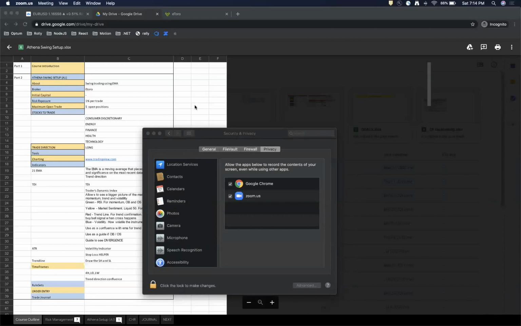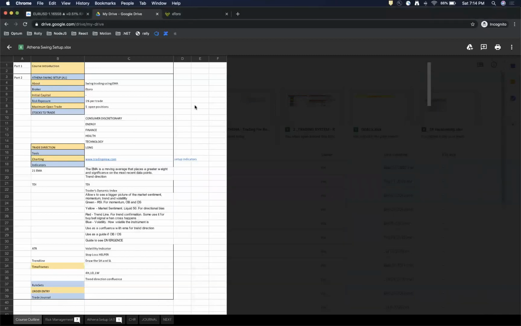From that concept, I pulled one of my swing strategies. I do have different ones, but since we are going to cover swing, I actually have two. One of the swing strategies I pulled from my own and renamed it A1, for Athena, as our accountability group.